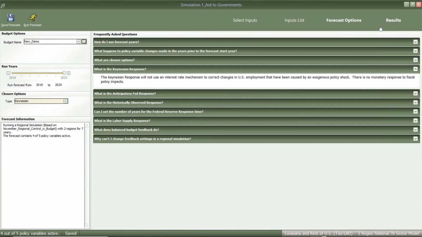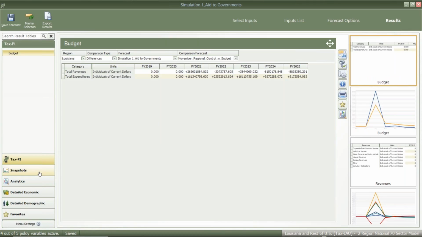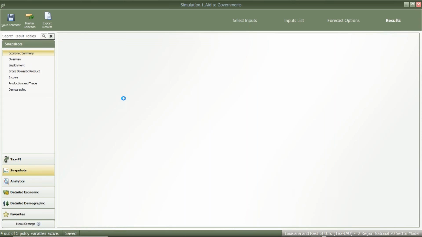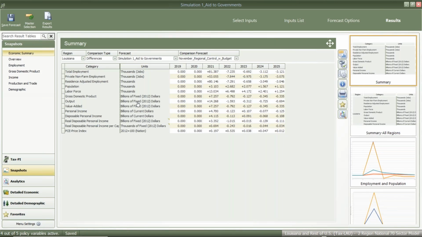And then let's have a look at our dynamic results. So I will go to the snapshots and then click the economic summary. So there will be a nice summary table that will show up. For the region of Louisiana, we see there's some increase in the total employment as of year 2021.